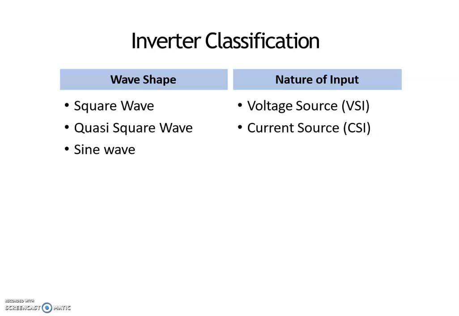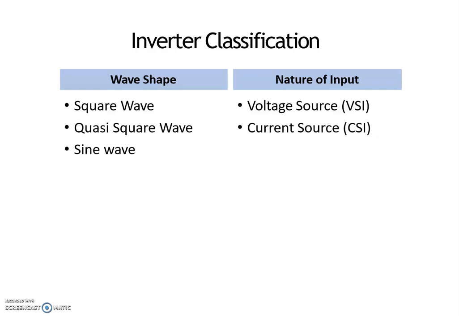In the voltage source inverter or current source inverter circuit, we can use a thyristor as controlled switch. If we use a thyristor, it requires a forced commutation circuit for turning it off.